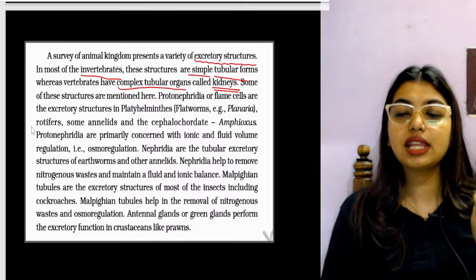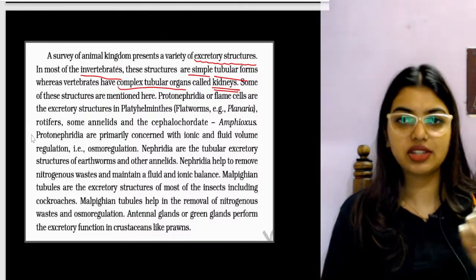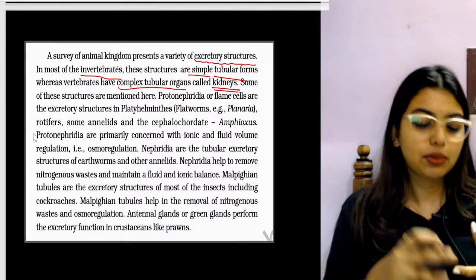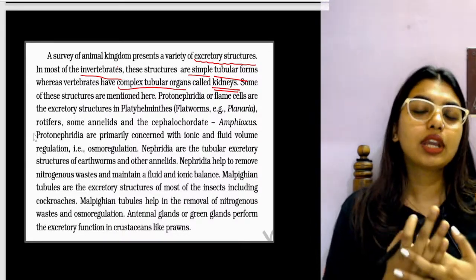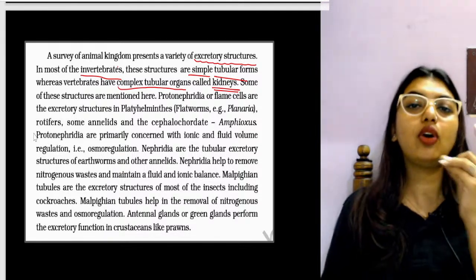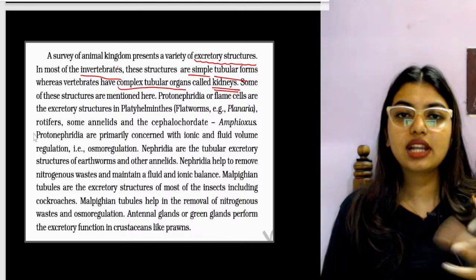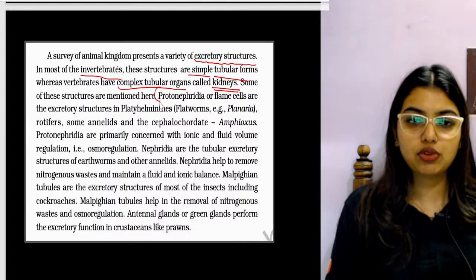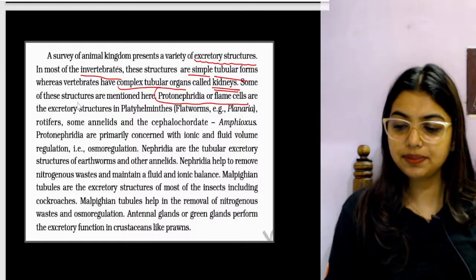Protonephridia or flame cells are the excretory structures in platyhelminthes, flatworms like planaria, Taenia solium, and liver fluke. In your NCERT, flame cells are mentioned when we learned the animal kingdom.